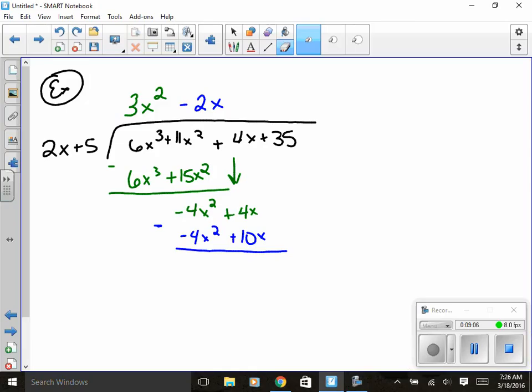If you notice here, it shouldn't be a plus 10x. It should be a minus, because I've taken that negative 2x times a 5. Sorry about that. But continuing on here, I've got 4 minus negative 10, so that'd be a positive 14x, and then I'm dropping down that 35.